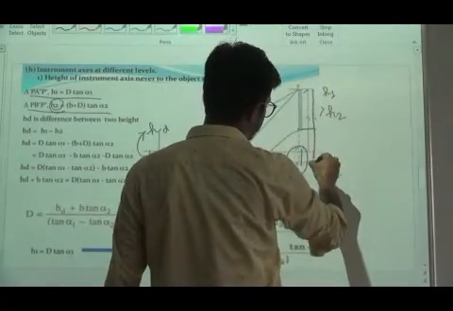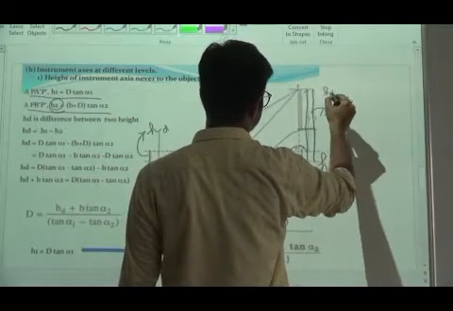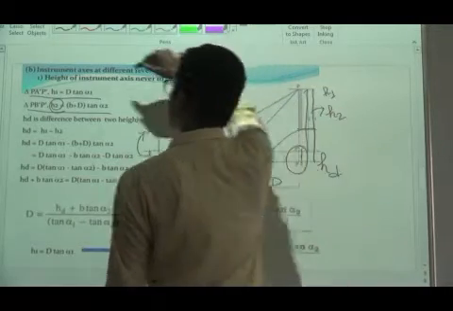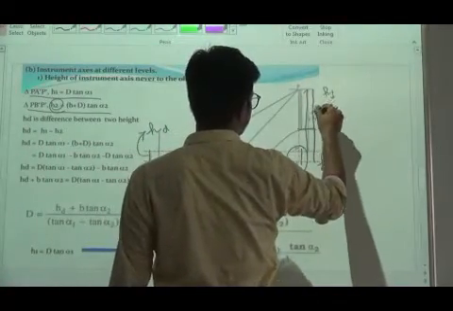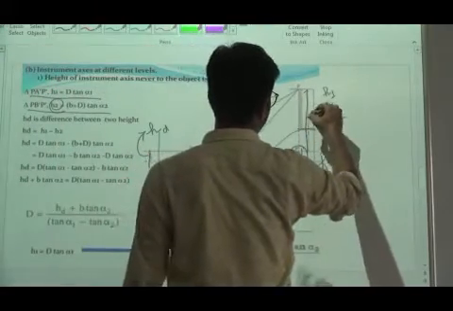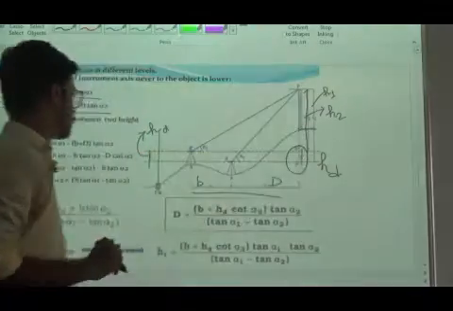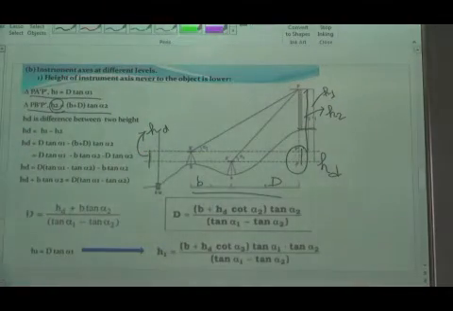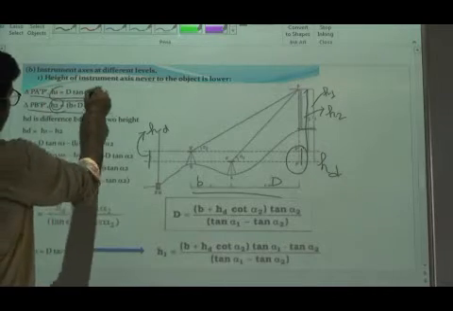This one is H1 and this one is H2. So HD will be equal to H1 minus H2. And we have calculated H1 equal to D tan alpha 1.